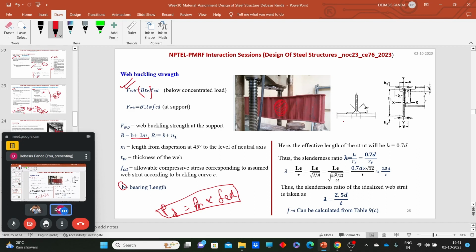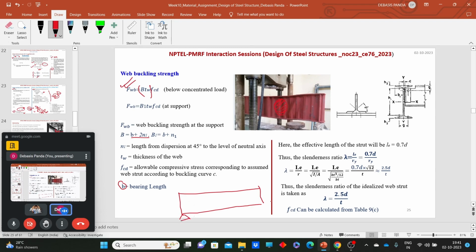So for example, we have a beam here. What is that bearing length, all these things I will discuss now.